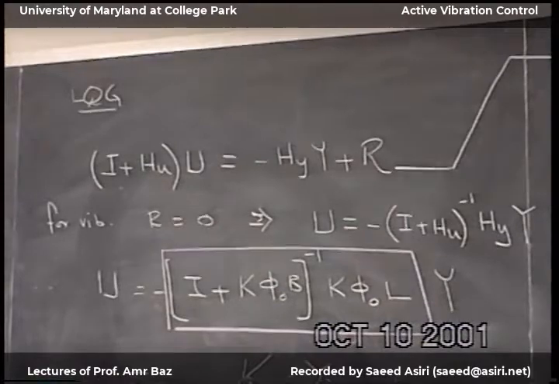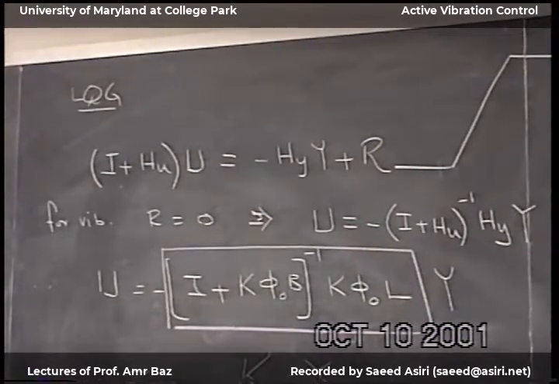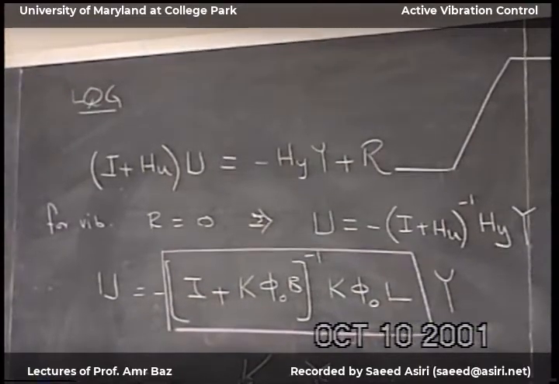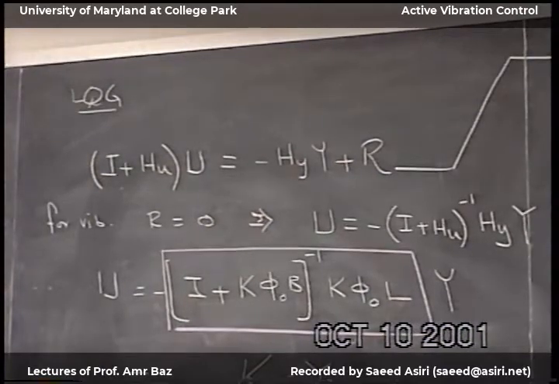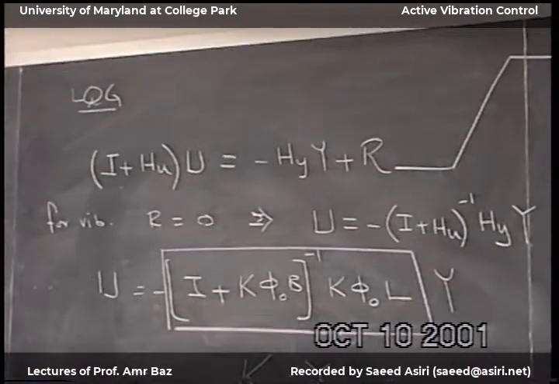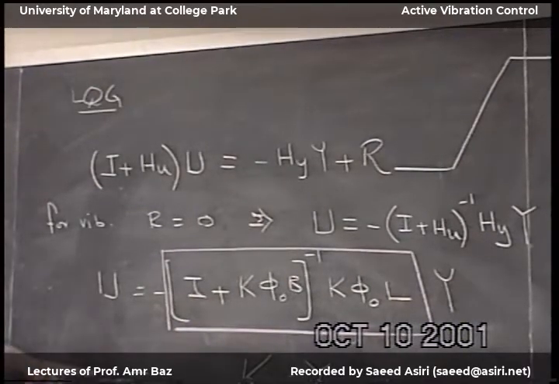I'm going to repeat the same diagram again, but now I don't need all this, and we took this out. R is equal to 0. The minus is still here. So now I put the scale inside this box.